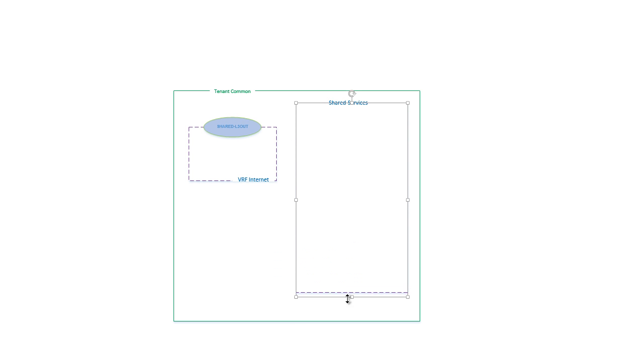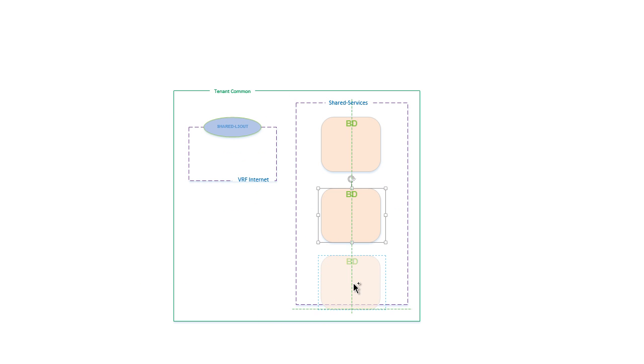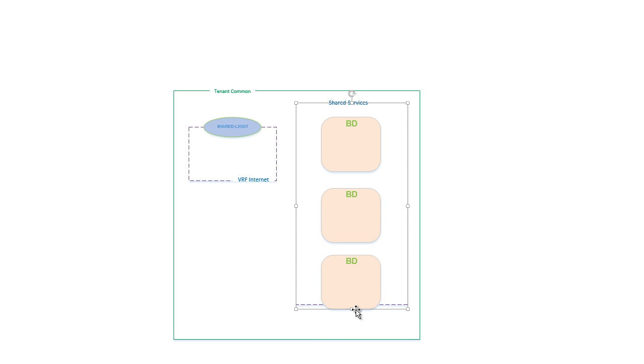And we're going to need a bridge domain actually for our shared services. Let's create a bridge domain there, another bridge domain, and then a third one. And we're going to be putting, well actually, you know what? We're going to change this up.